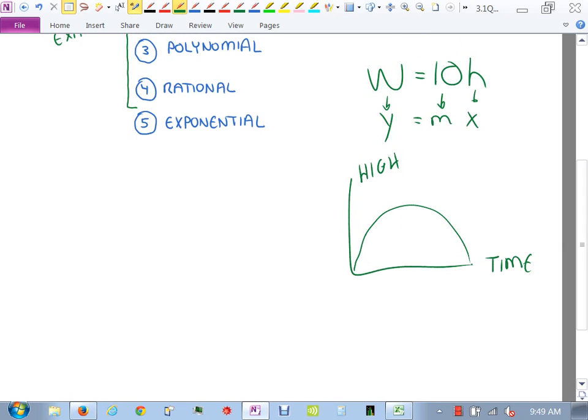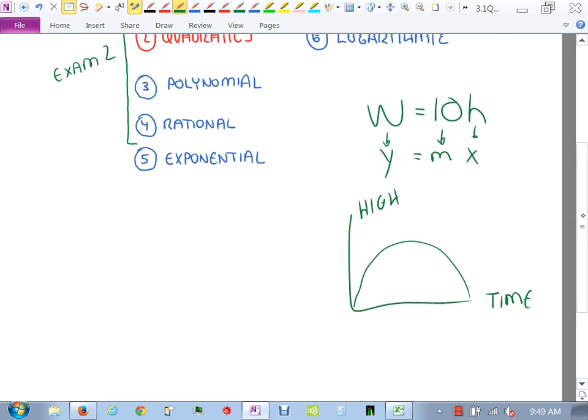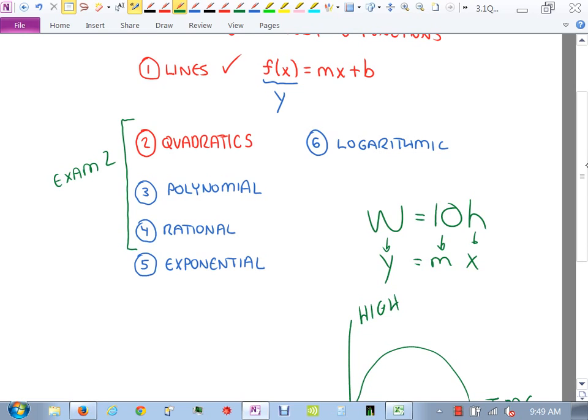And that's not a line. So a line would not be a good function to try and model what's happening in that scenario. Okay? That's just two basic examples, and we'll talk about more later. So that's why we want to be able to graph these. We want to be able to take real-world problems and convert them into functions that we know. All right, let's get into the quadratics.